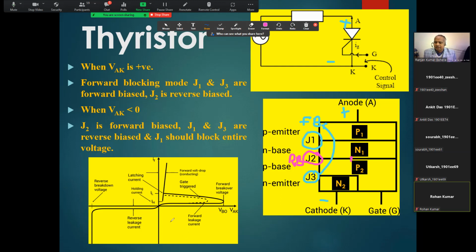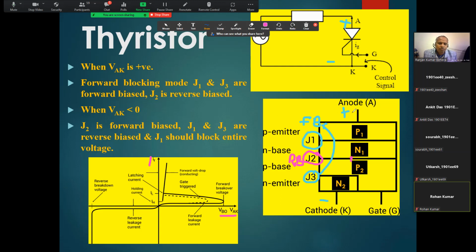Now, I have just shown a picture here of the VI characteristics. This is the voltage and this is your current, and I want to control this through some kind of gate current. You go on increasing the applied voltage.